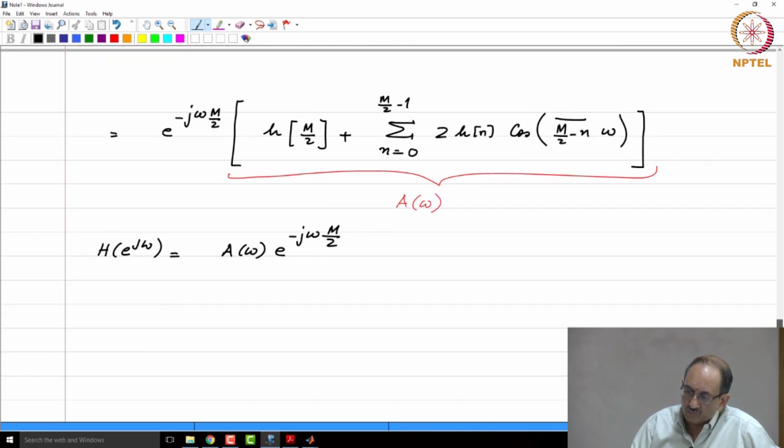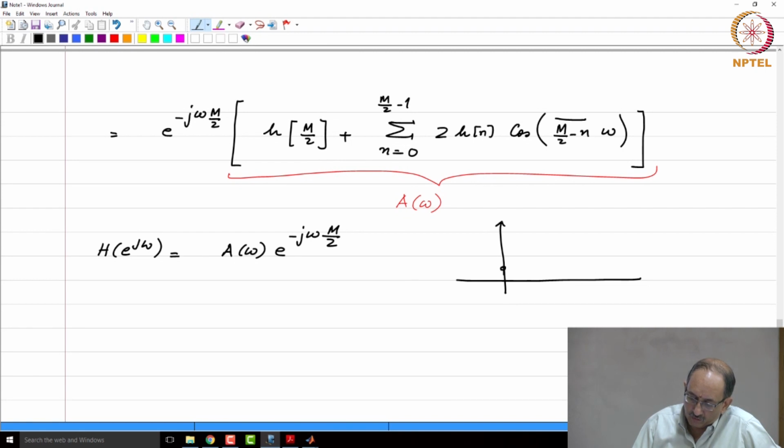So, this is the form for the frequency response for type 1, and this is amplitude times e to the j continuous phase. And in this case the continuous phase happens to be precisely linear because that is what the filter satisfies because of the symmetry conditions. Remember, this is type 1, which means even symmetry and odd length.